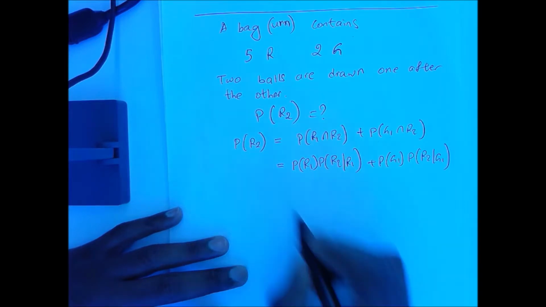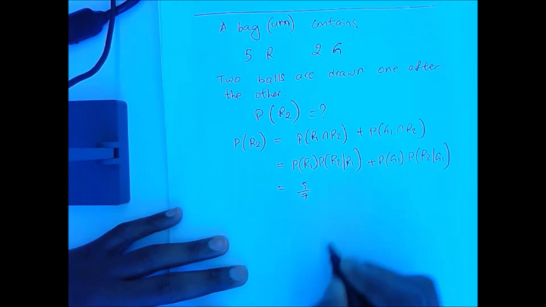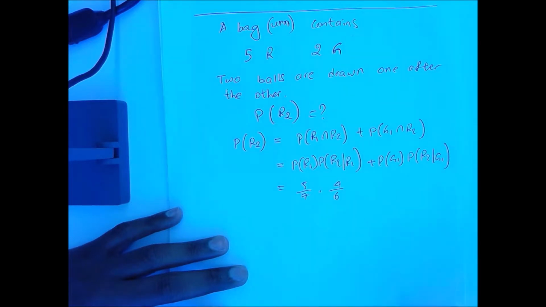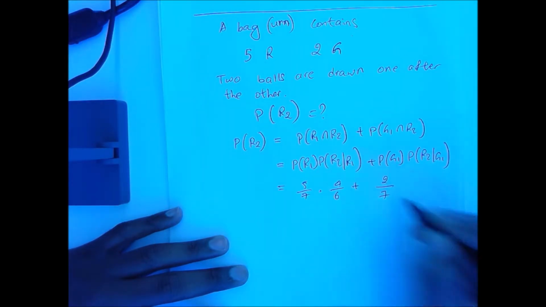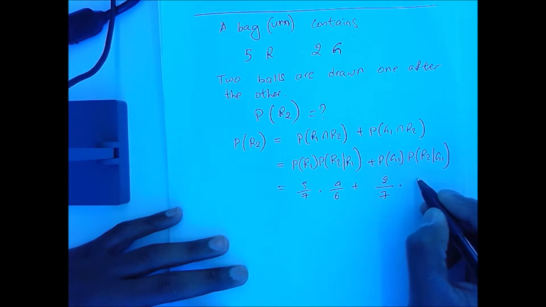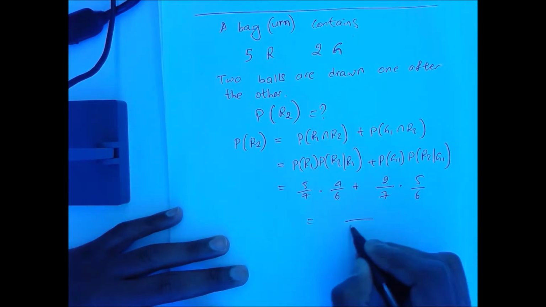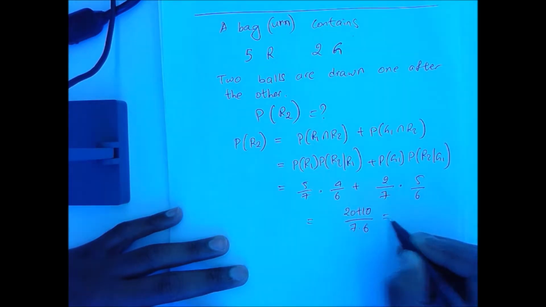Probability of R1 is 5/7, times probability of R2 given R1 is 4/6, plus probability of G1 is 2/7, times probability of R2 given G1 is 5/6. Everybody with me? This turns out to be 7 times 6 in the denominator, with 20 plus 10 in the numerator. We get 5/7.